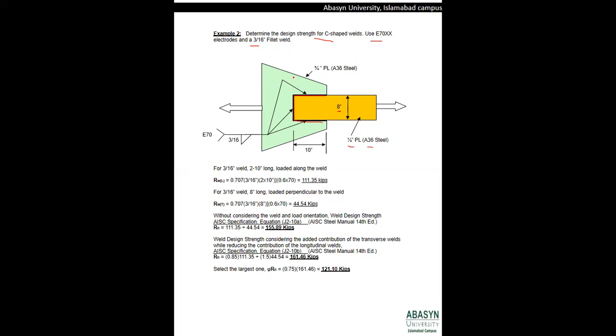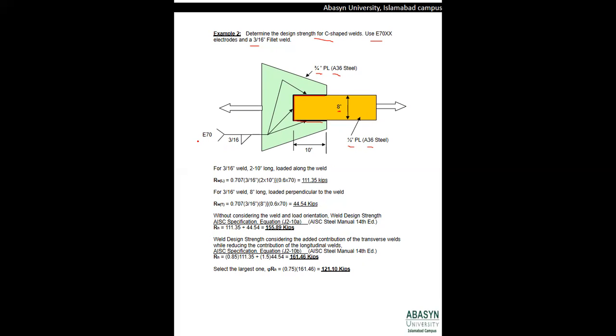For the gusset plate used for the connection, the thickness is 3/4 inches, and the steel is again A36. The force is applied to pull the section C in which the welding has been carried out.